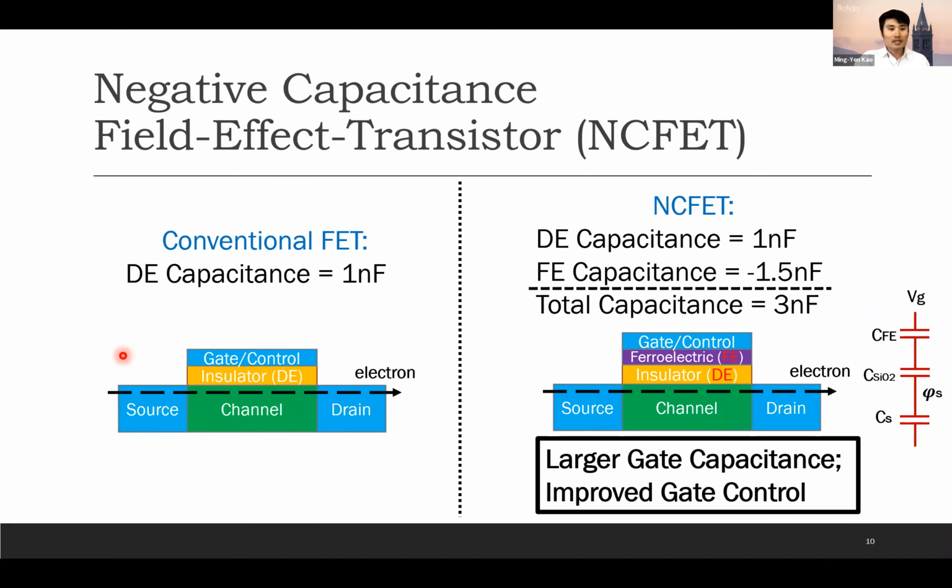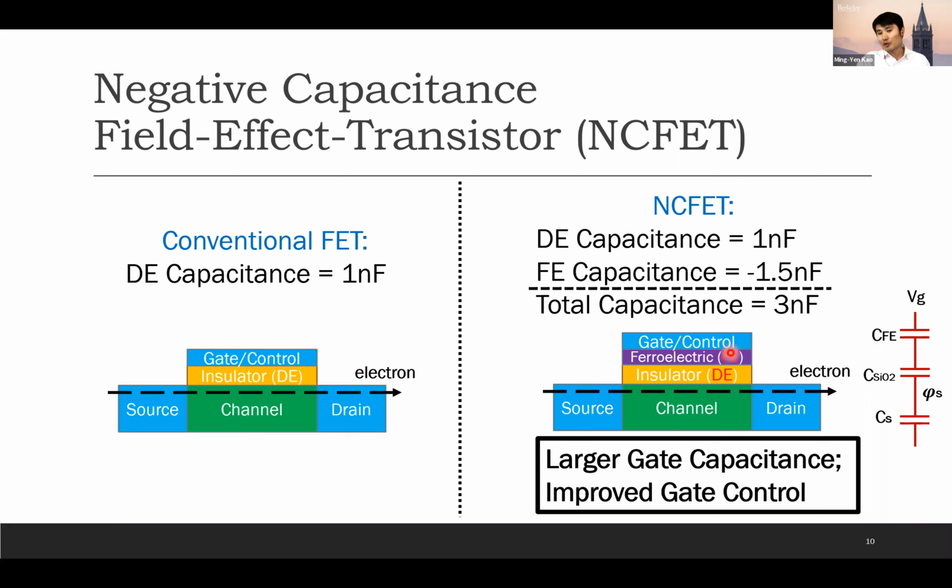So I copied this conventional FET, the basic structure, here. Let's say our dielectric, I use DE to represent the dielectric, and the insulator is a dielectric, is 1 nanofarad. We also have the NCFET here. In addition to this structure, we have the ferroelectric on top of this dielectric.